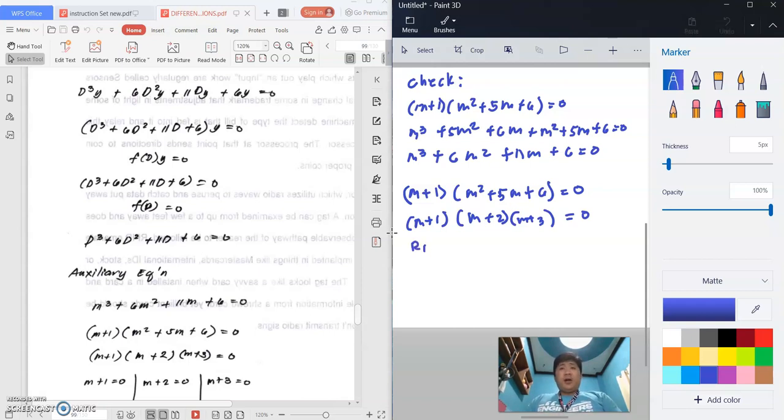So therefore, our roots are m plus 1 equals 0, m plus 2 equals 0, and m plus 3 equals 0.